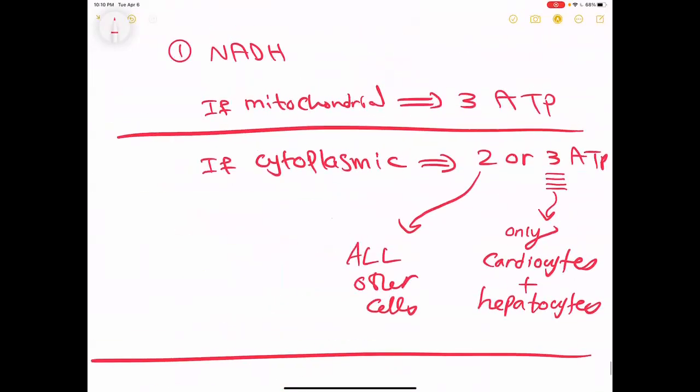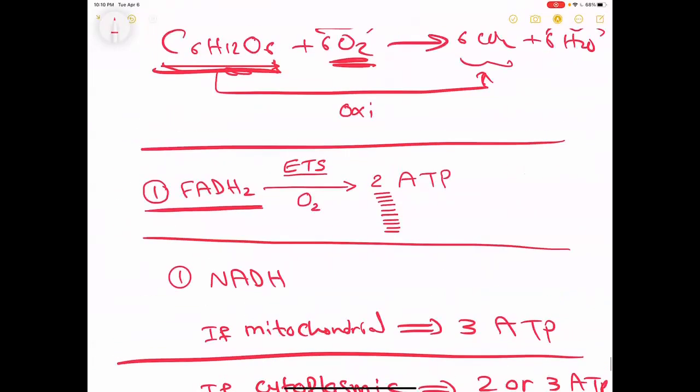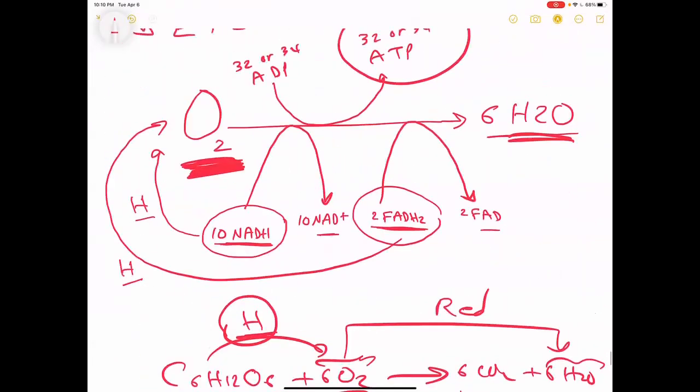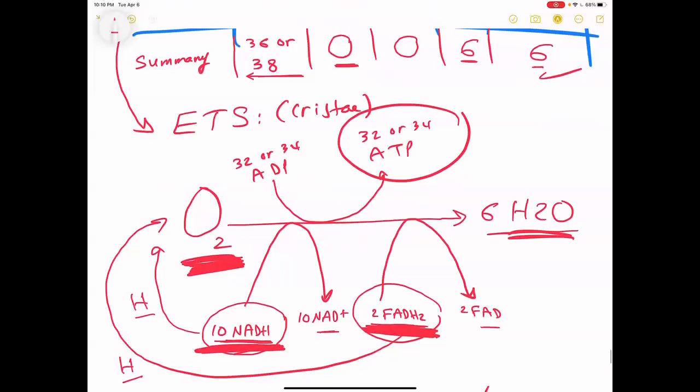I want to use the key to show you they will add up to what I just said. I'm talking about this, guys, here. I took 10 NADH, 2 FADH2 to the electron transport system, and I ended up with the 32 or 34 ATP.